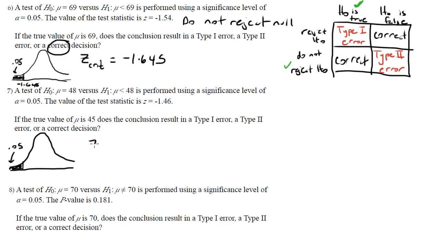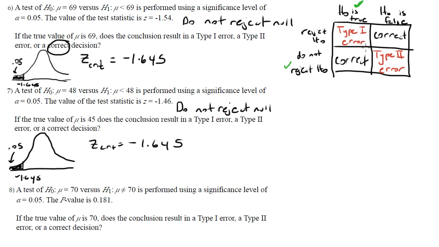So I already know my Z critical value is negative 1.645. Negative 1.46 is greater than that, not in the critical region. So again, I do not reject the null. I only reject the null if my test value is in this critical region.